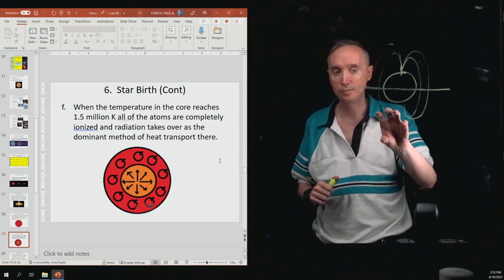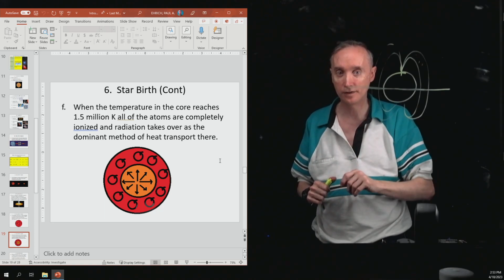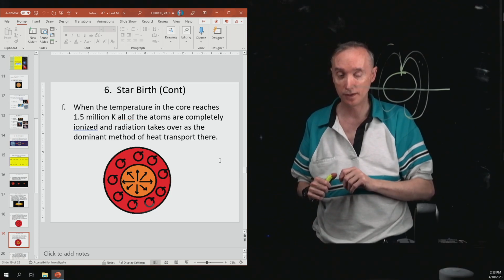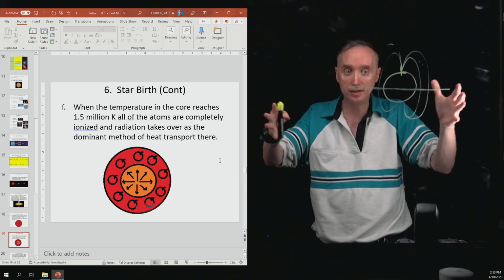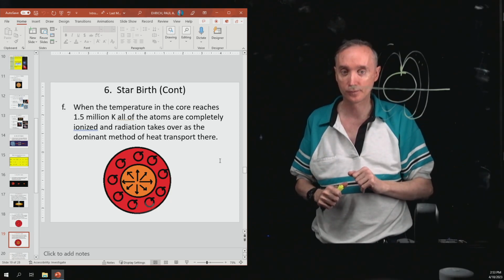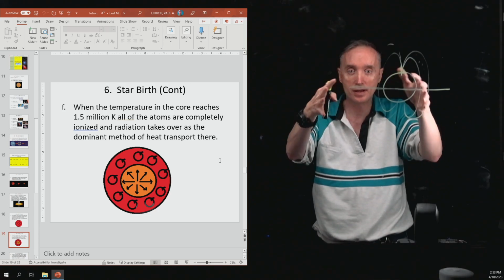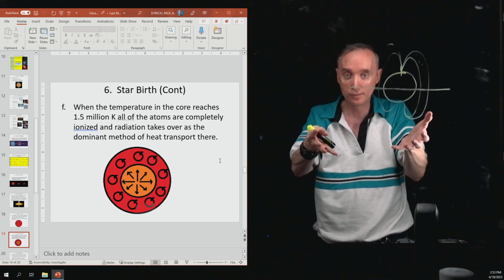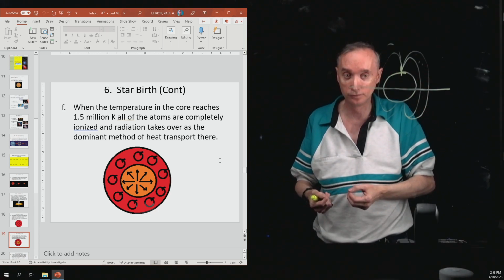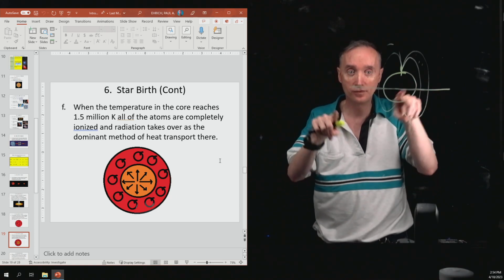So notice in the middle part, that's where the temperature is around 1.5 million Kelvin, the heat is trying to get into outer space via radiation. And then when it gets to that red part, the temperature has now dropped to about 10,000 Kelvin. So in that part of the star, it's now convecting.